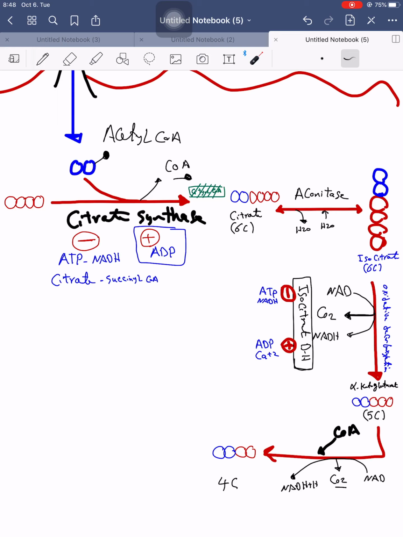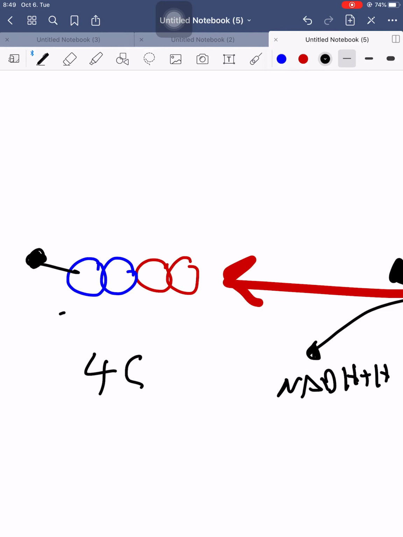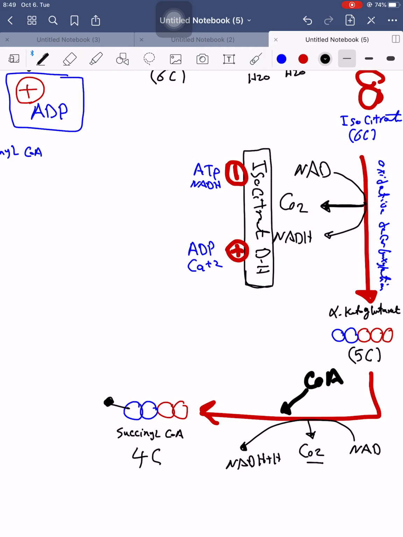That coenzyme A will be added to the carbon number 1, by the way. Here is coenzyme A. So what do you think, guys, this one? That is the molecule called succinyl coenzyme A. That succinyl coenzyme A is kind of the oxidized form of alpha ketoglutarate.